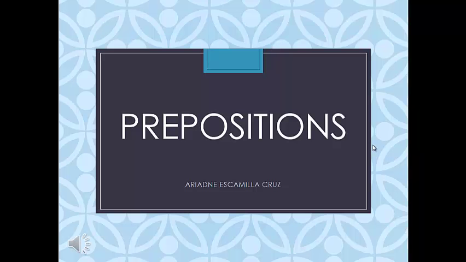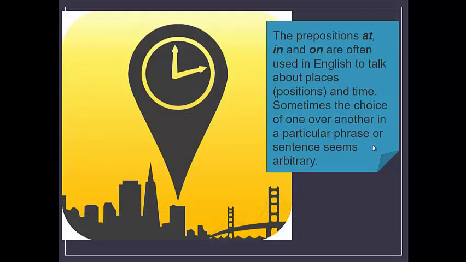We usually use prepositions to make sense of our sentence, but sometimes we confuse the exact moment in which we should use them. The prepositions at, in, and on are often used in English to talk about places and time.